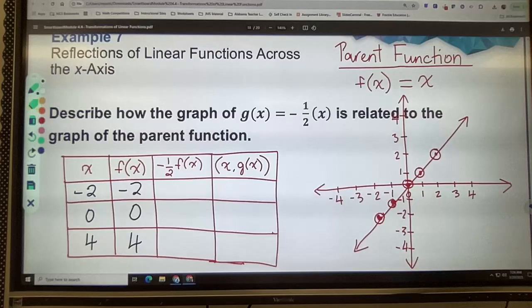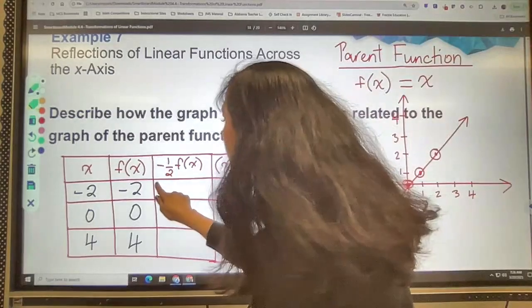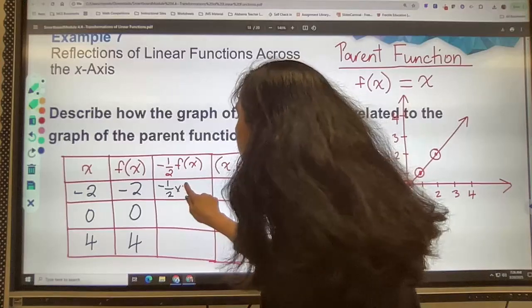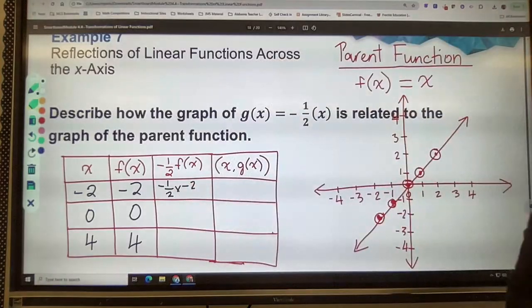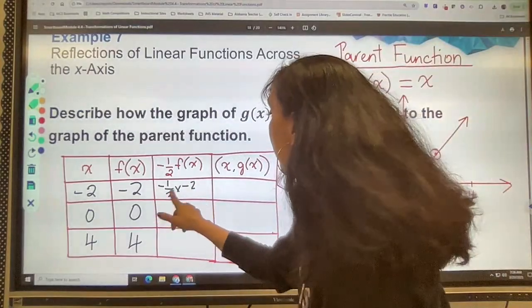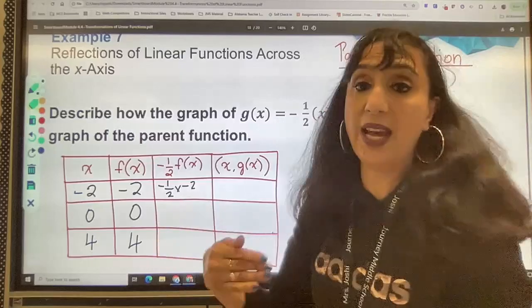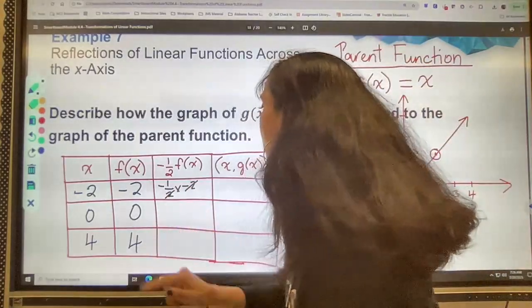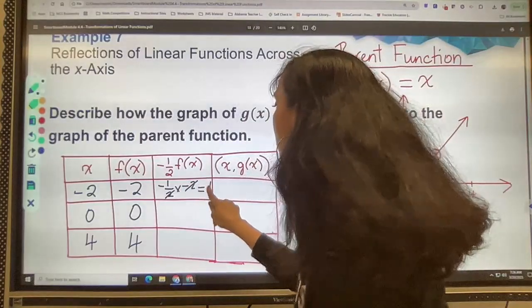So we are going to multiply negative 1/2 times -2. And as I can see, negative multiplied with negative gives me positive, right? And then this and this are going to cancel out. I end up with a positive 1.